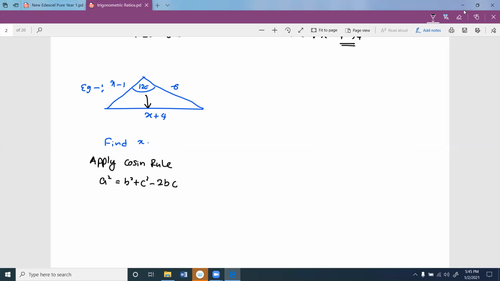This is the side opposite the angle. Therefore you can write x plus 4 squared is equal to x minus 1 squared plus 6 squared minus 2 times x minus 1 into 6 into cos 120.